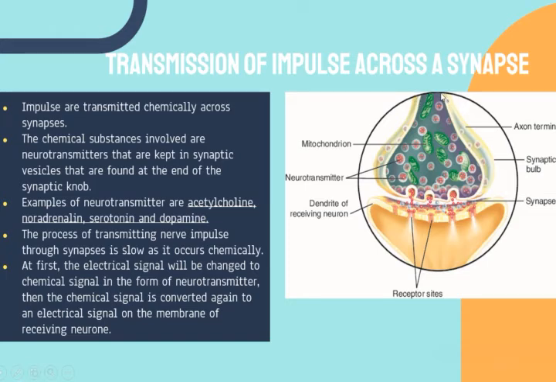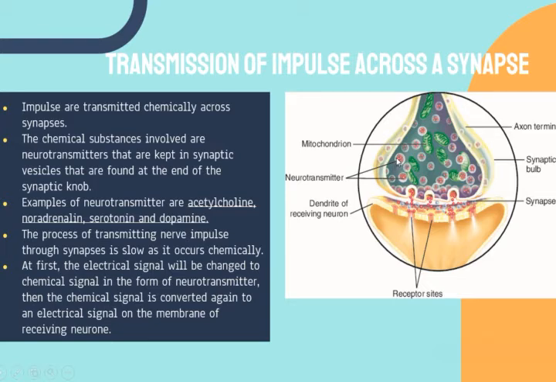In the synaptic knob there is a synaptic vesicle, and inside the synaptic vesicle there are neurotransmitters.